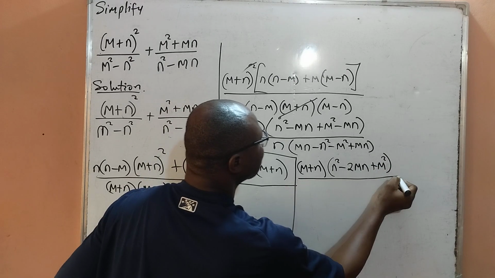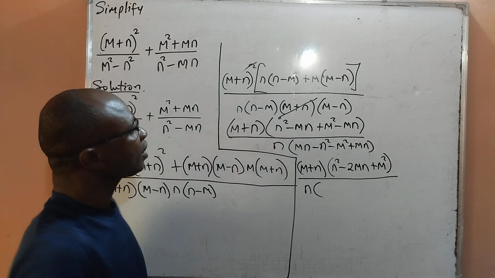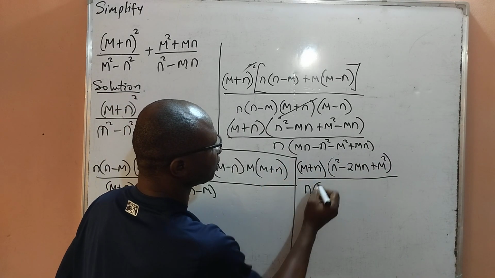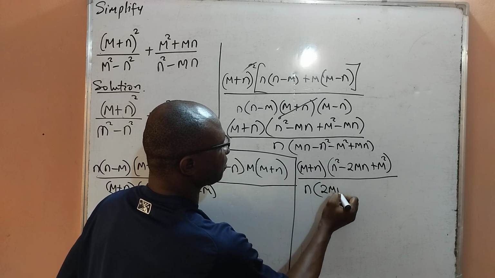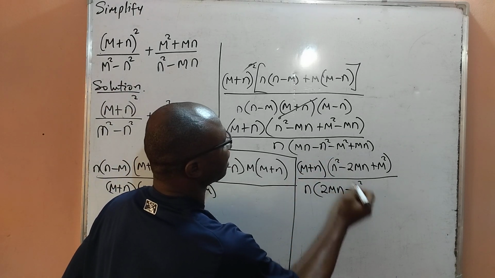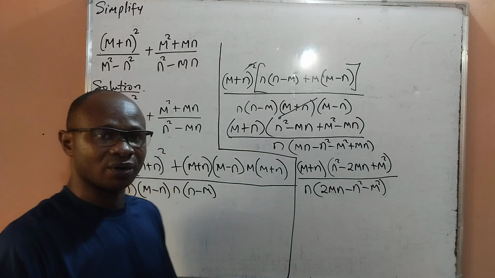And at the denominator I will have n into mn plus mn, which gives plus 2mn. Also, I now have minus n squared minus m squared. This is what I have at the denominator.